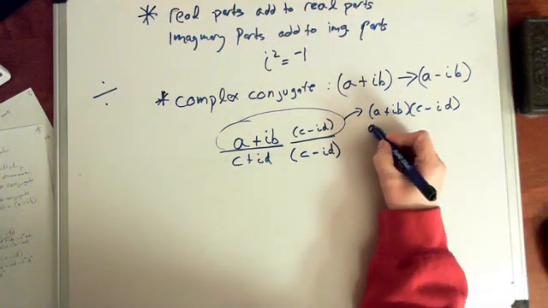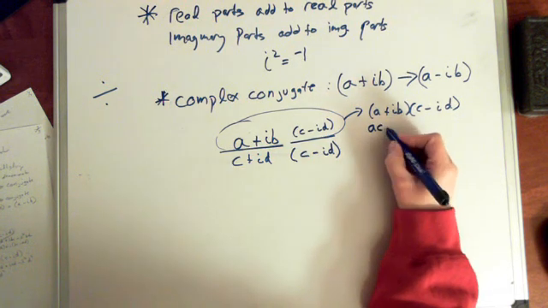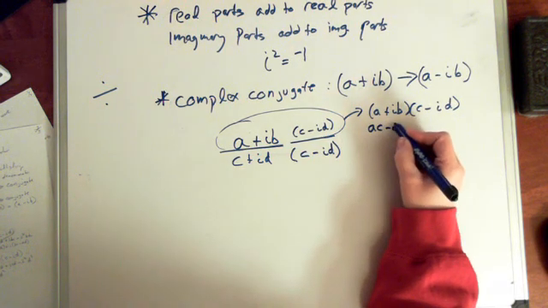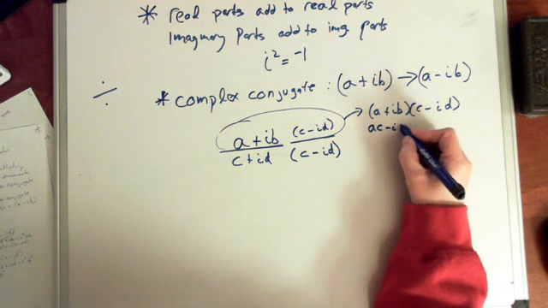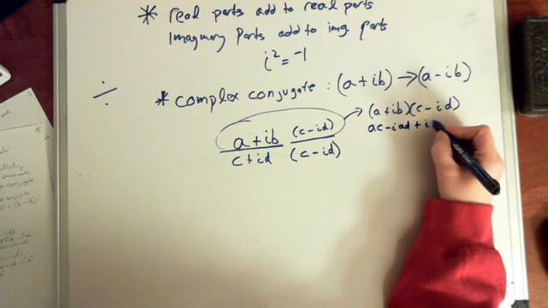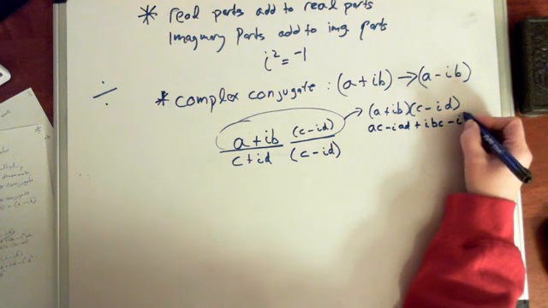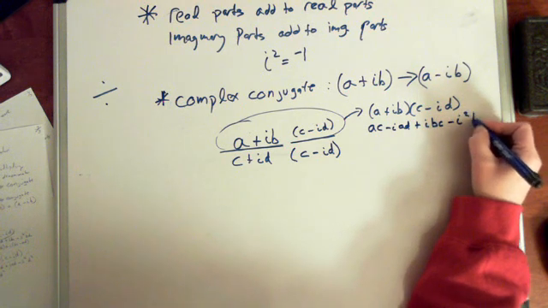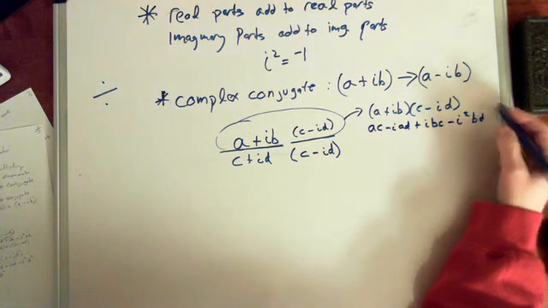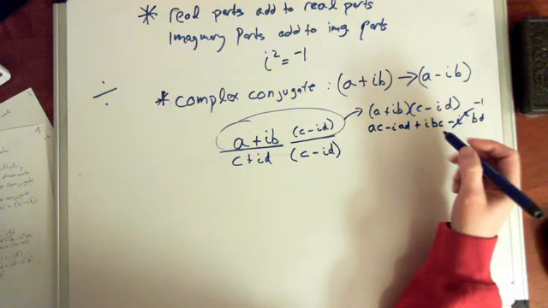Sorry about that. Let's start this over. So it's ac minus i times ad plus i bc minus i squared bd, where I know i squared goes to -1.